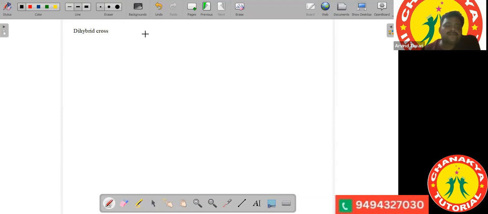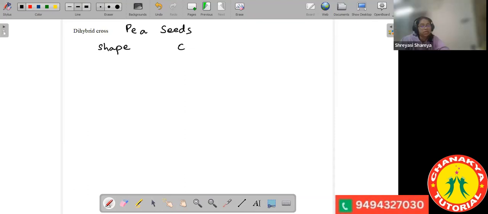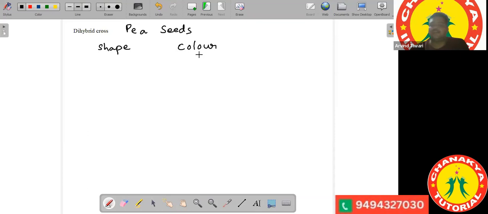So here we took pea seeds, and as we know, pea seeds have a variety of variations in them. In the last class, I showed you what variations can be there. Can you give me some of the variations? The seed shape and color. So we discuss two things here, seed shape and seed color.